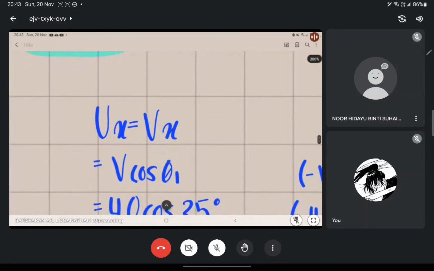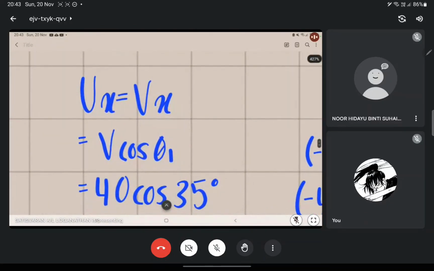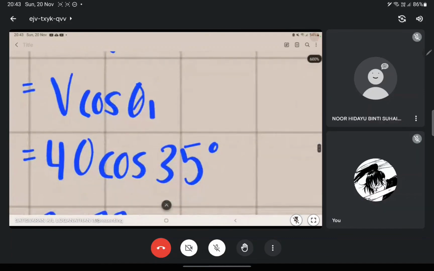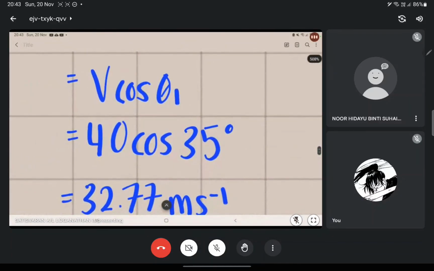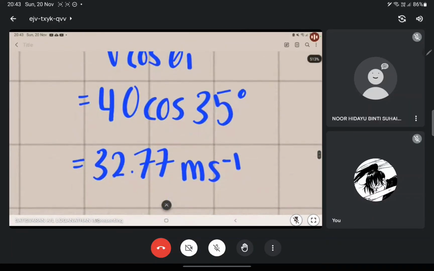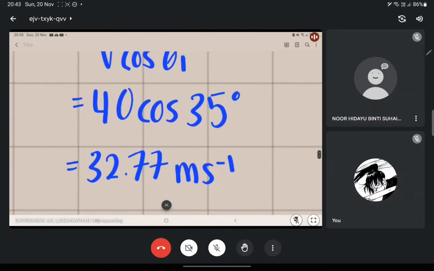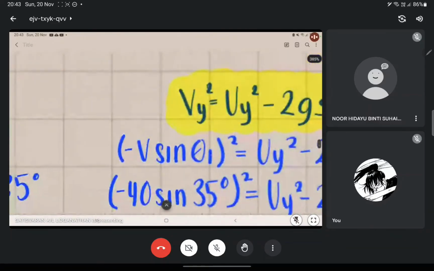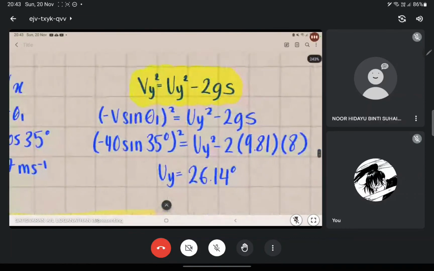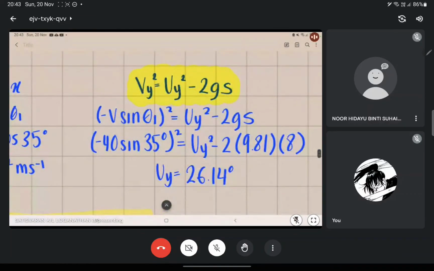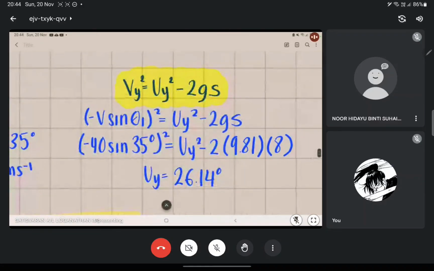So we find Ux first. Vx equals V cos theta 1, 40 cos 35 degree, and we get 32.77 meter per second. And for Vy, we use the formula Vy square equals Uy square minus 2gs. And the s is already given in the question, 8 meter.